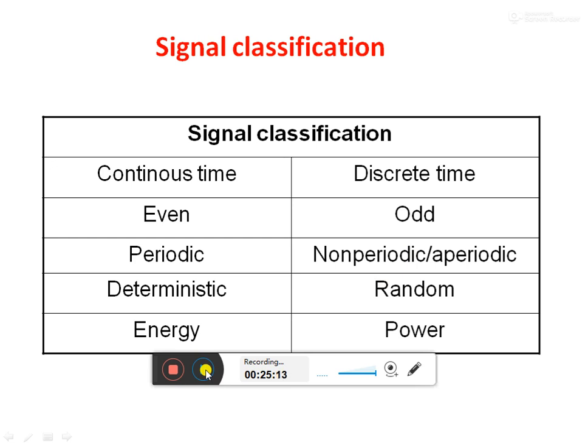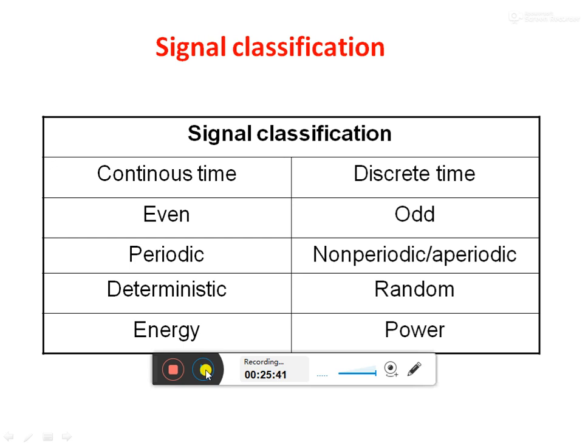So today let me give you a brief overview of the discussion we had in today's session. Today we have discussed the basic definition of signals and systems, and a few examples we have quoted for signals and systems. Along with that, we have discussed the independent variable time, which is used to define the signal.